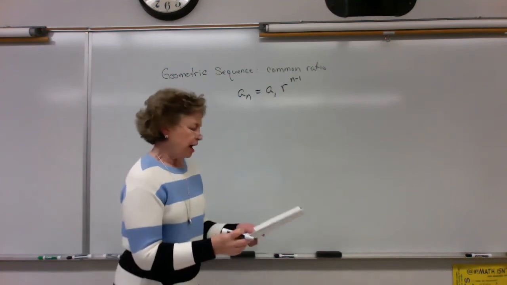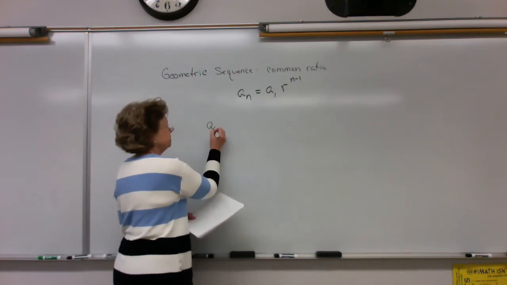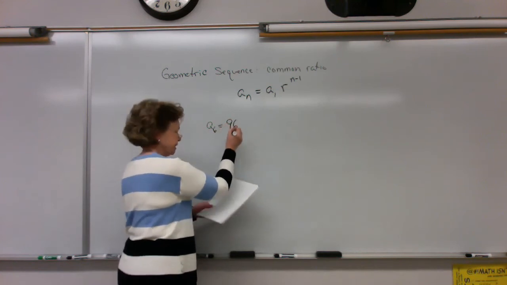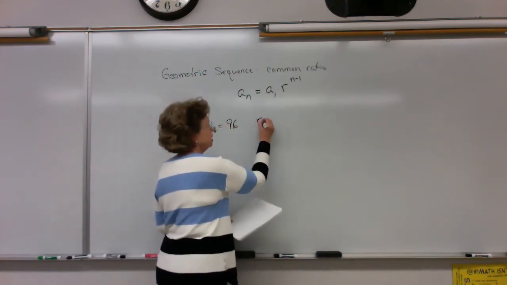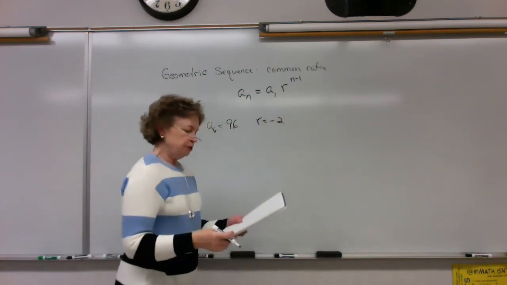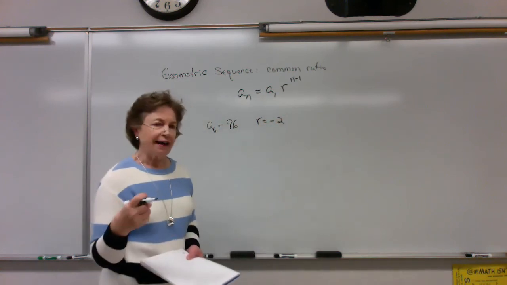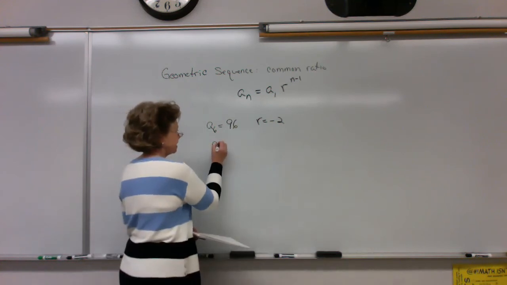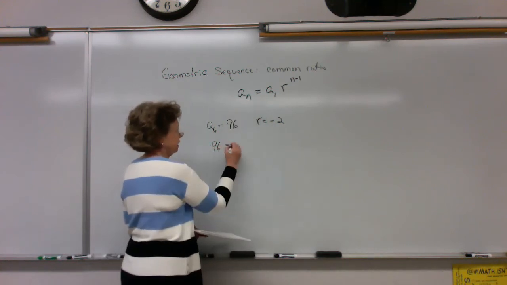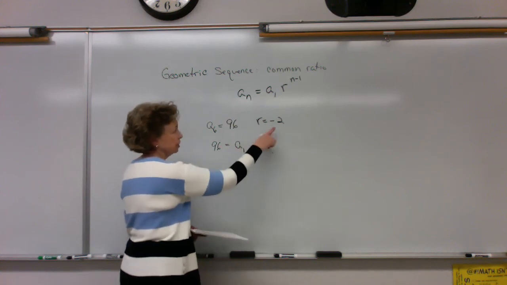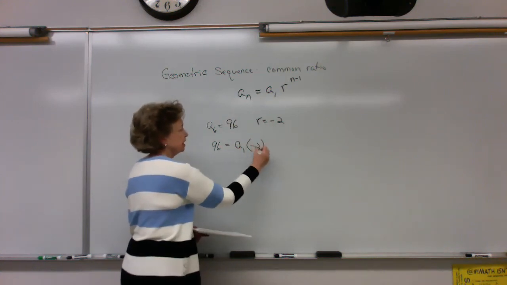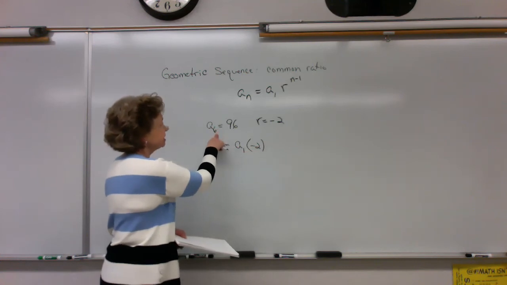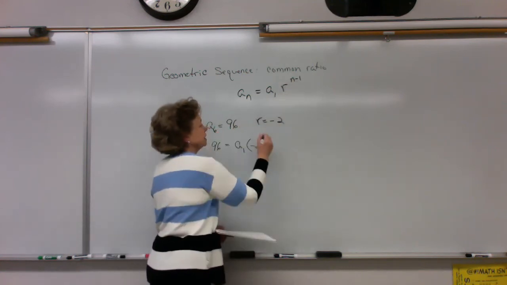So look at number 5. They gave us a sub 6, and they told us that was 96. And they told us the common ratio was negative 2. And our job is to find that first term so that we can write the general rule. So 96, that's my a sub n, is that first term that we're looking for, times the common ratio of negative 2. This was the sixth term, so 6 minus 1 is 5.